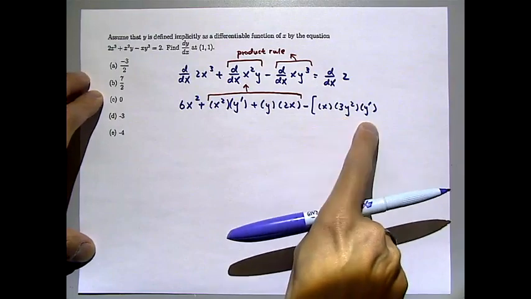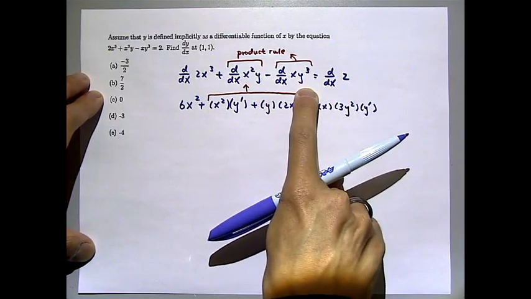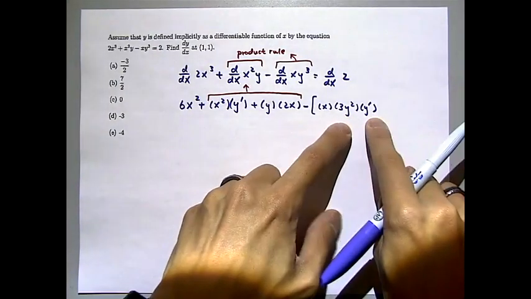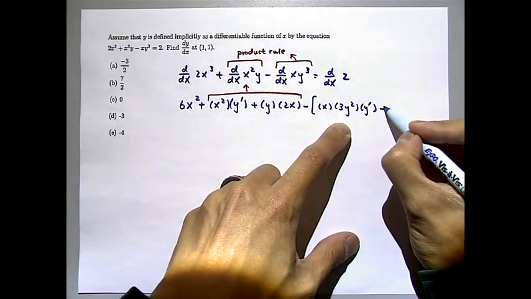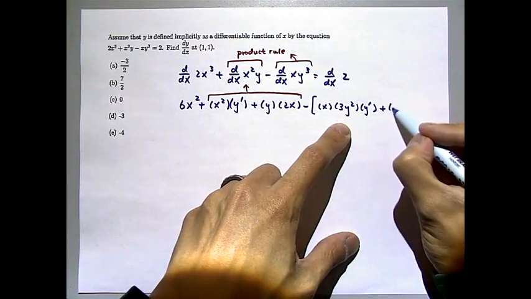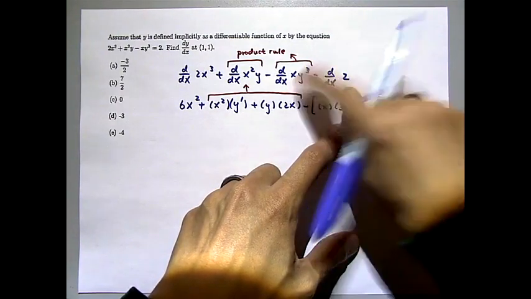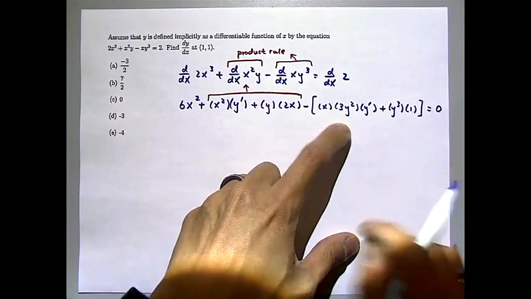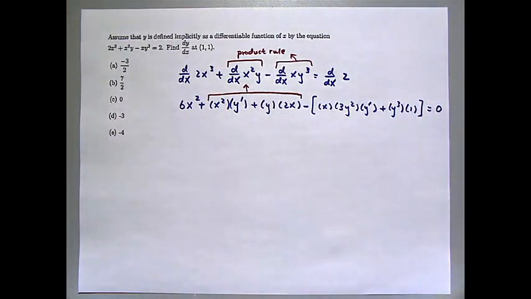So 3y squared y prime is the derivative of y cubed, because y is implicitly a function of x. First times derivative of the second plus second times derivative of the first. That's a 1. Right-hand side, the derivative of a constant is, of course, 0.